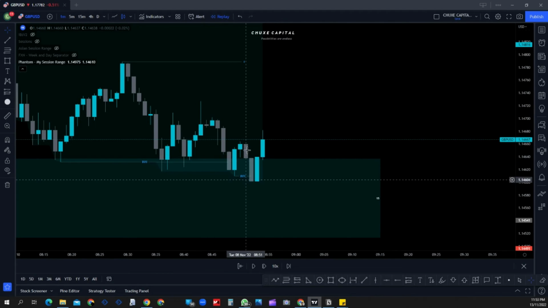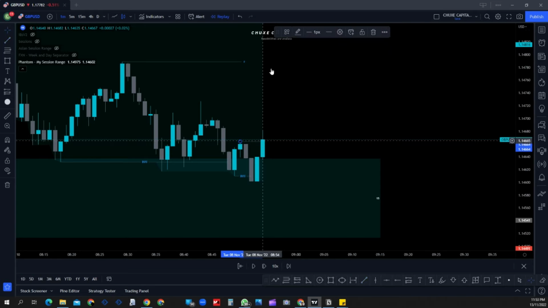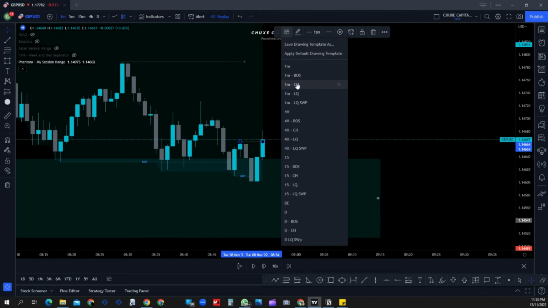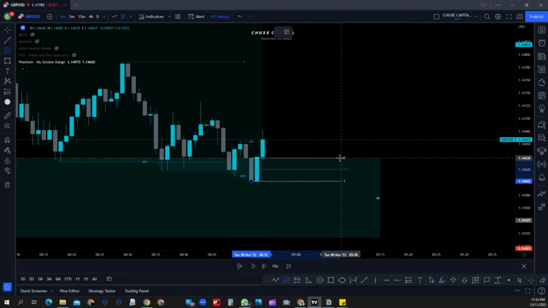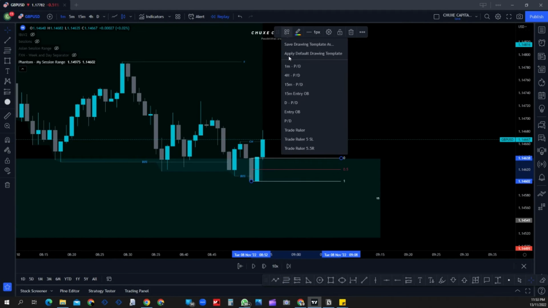So up, that up. So there's a chop there. So we can put entry.